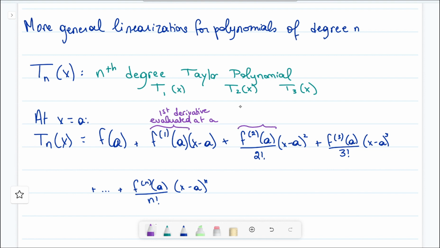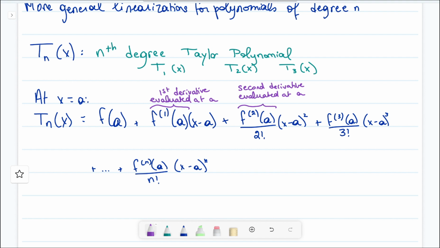Same for here. This is the second derivative evaluated at a. We multiply this by x minus a squared and we divide it by 2 factorial, plus the third derivative evaluated at a divided by 3 factorial multiplied by x minus a cubed.